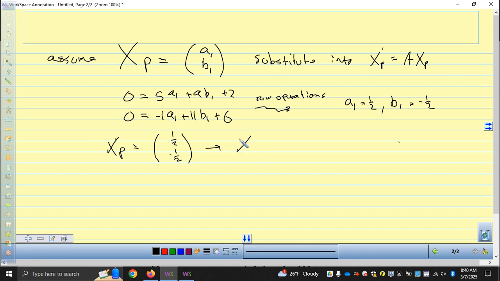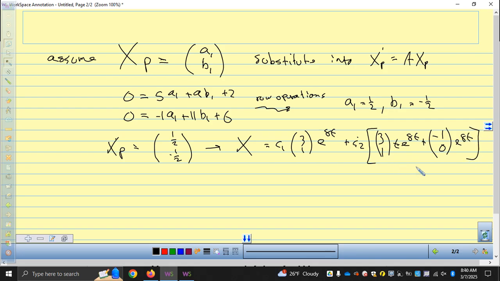And our general solution is going to be c1 (3, 1) e to the 8t, plus c2 (t e to the 8t), plus (-1, 0) e to the 8t, plus (1/2, -1/2). So not terrible. That process is not terrible.